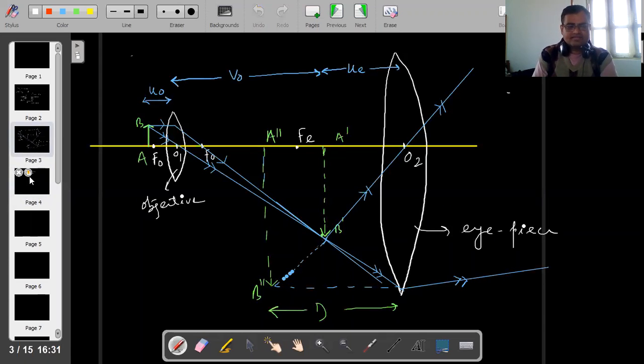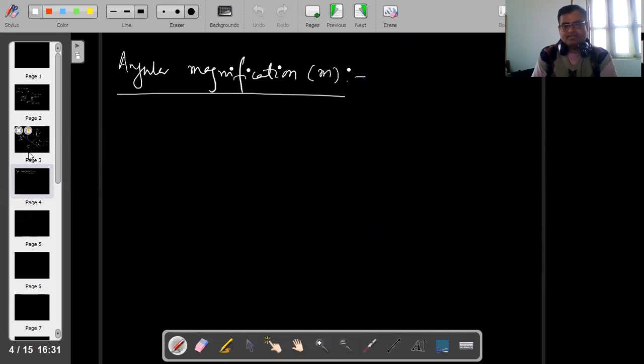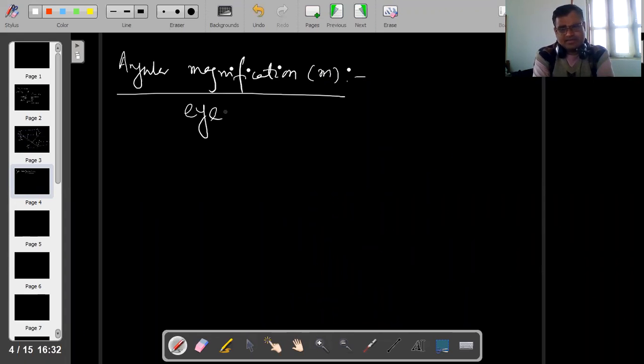Angular magnification is defined as the ratio between the angle subtended by the image to the angle subtended by the object at the eye, when both are taken at the distance of least distinct vision.